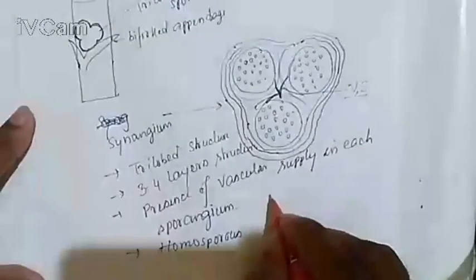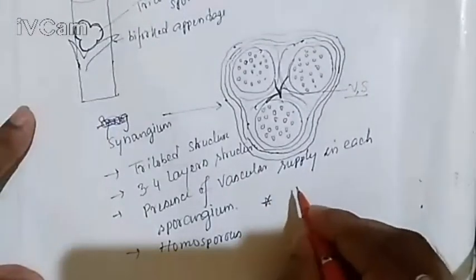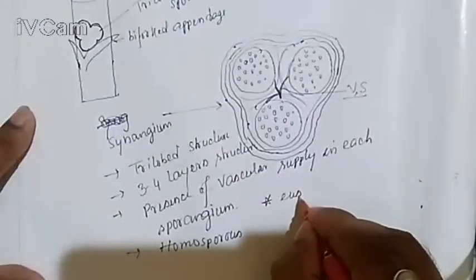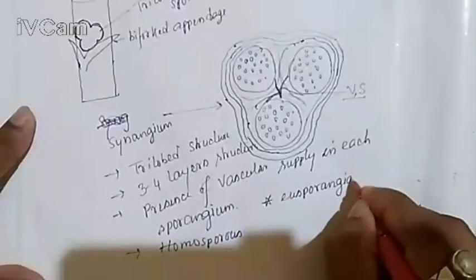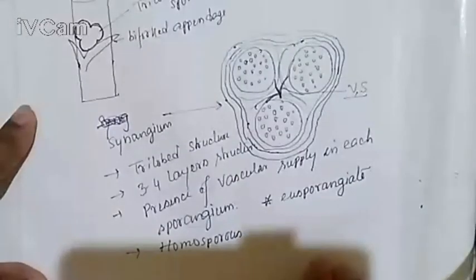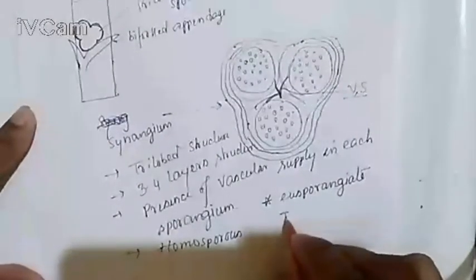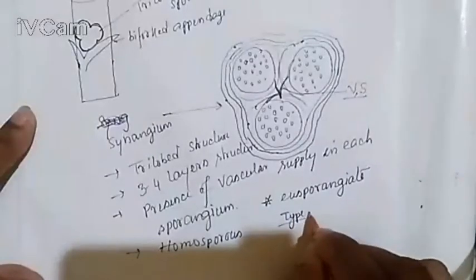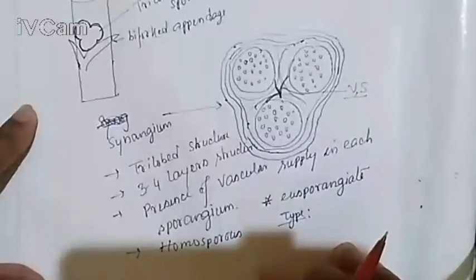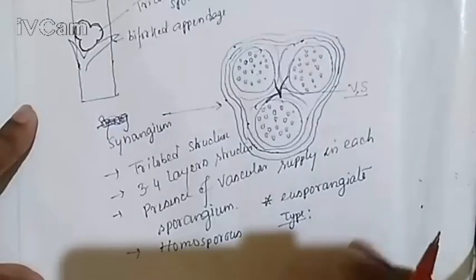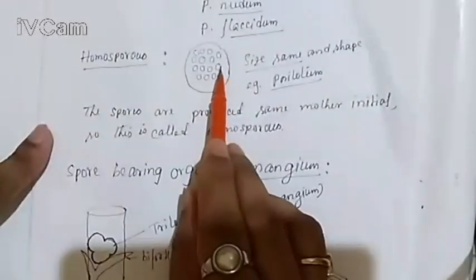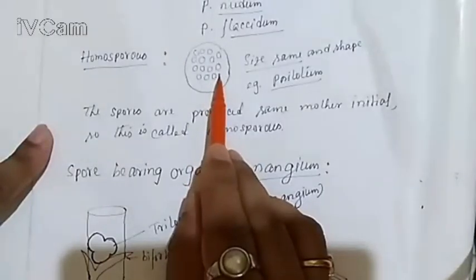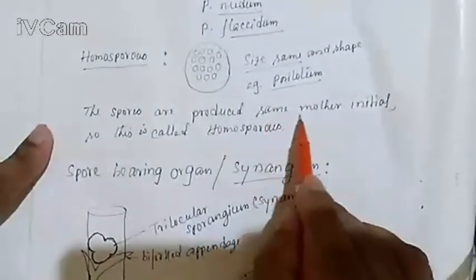And the most important character: the development is eusporangiate type. What is eusporangiate type? It is the most important character. Eusporangiate means, as I told you in the last figure, all the spores of a sporangium are developed from the same initial mother.